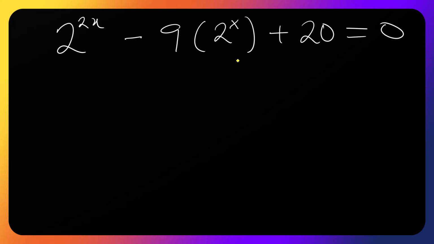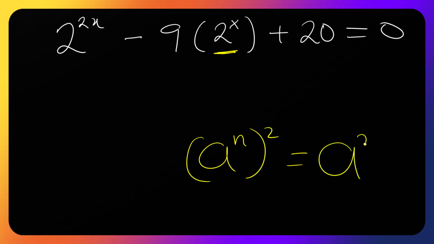Let's first of all observe what is in the bracket. We can see 2 to the power of x here. And with the help of this property, a raised to n, all squared, is the same as a raised to 2n, we can derive this one from here, because we can see x here.